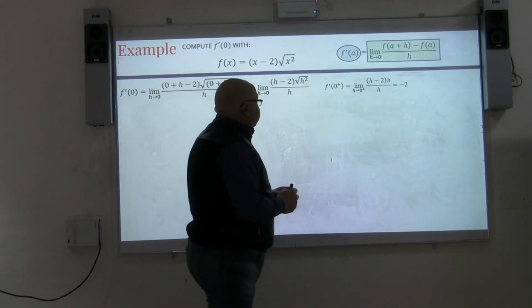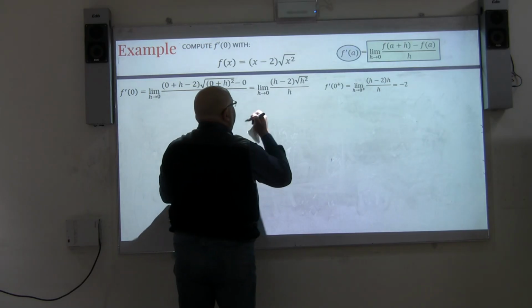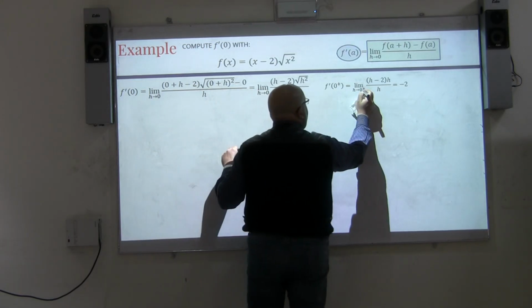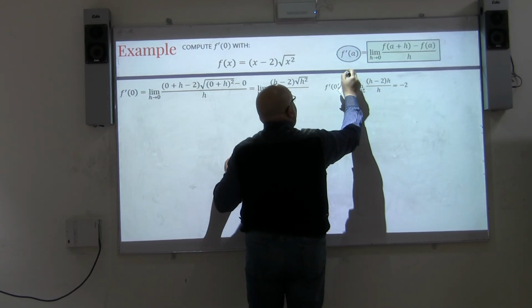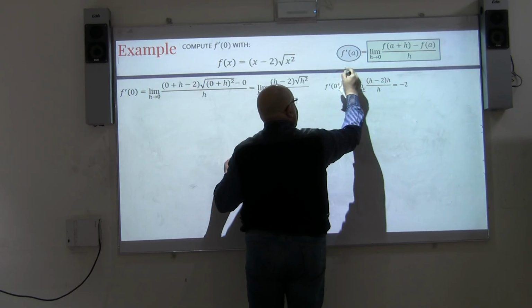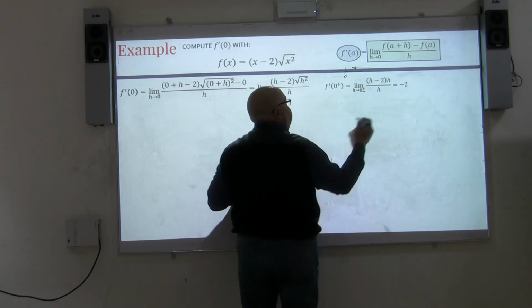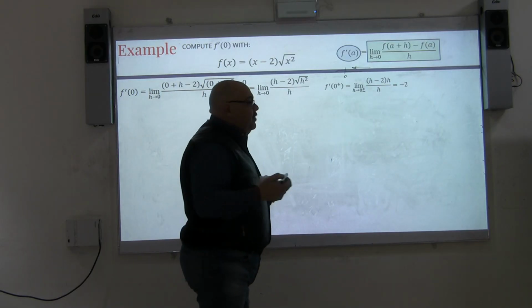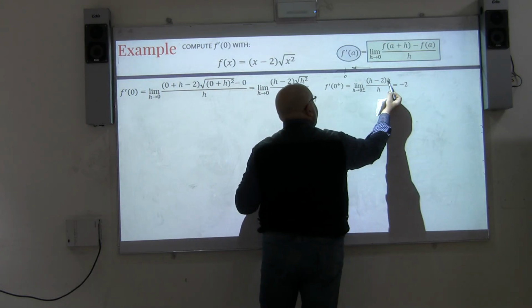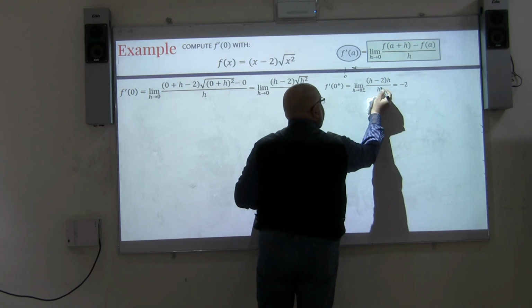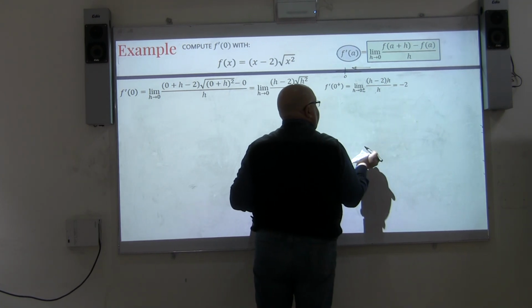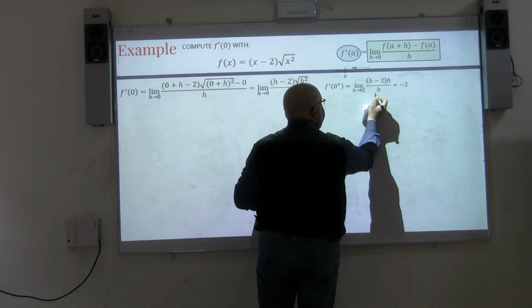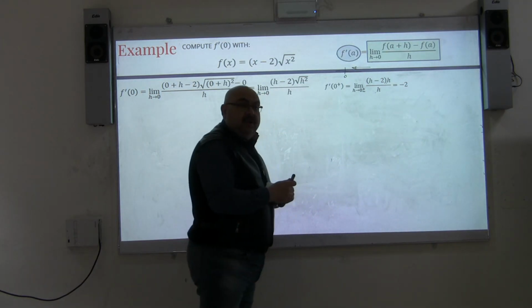To be positive, it means I will take h tending to 0 from the positive side, which means I'm approaching the origin from the right direction. So if you are coming from the right direction, the value of this root will be the positive value. In this case, I will eliminate these two together, and the substitution will leave you with negative 2.